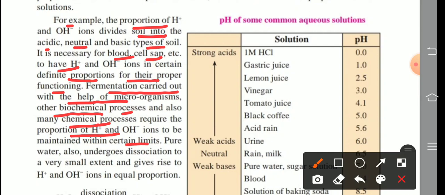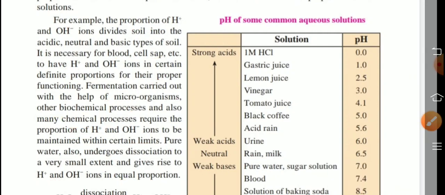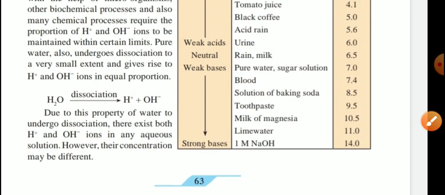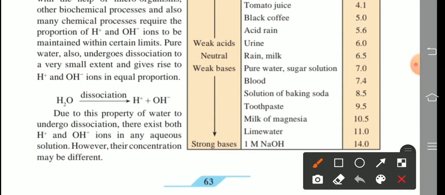Pure water undergoes dissociation to a very small extent and gives rise to H plus and OH minus ions in equal proportion. That reaction is given here. Check that. Which water is this? That is pure water. All are getting? So pure water undergoes dissociation to a very small extent.